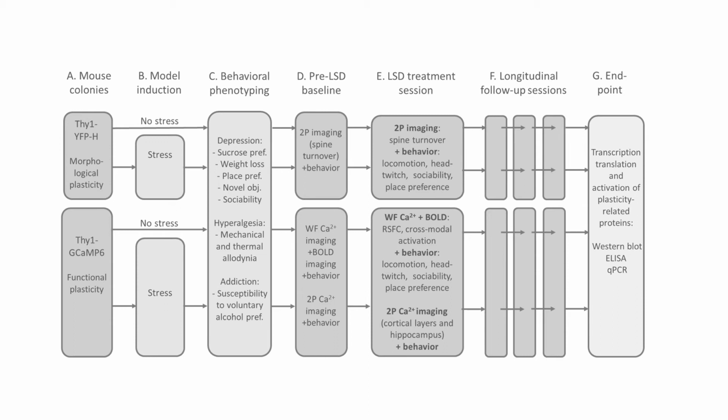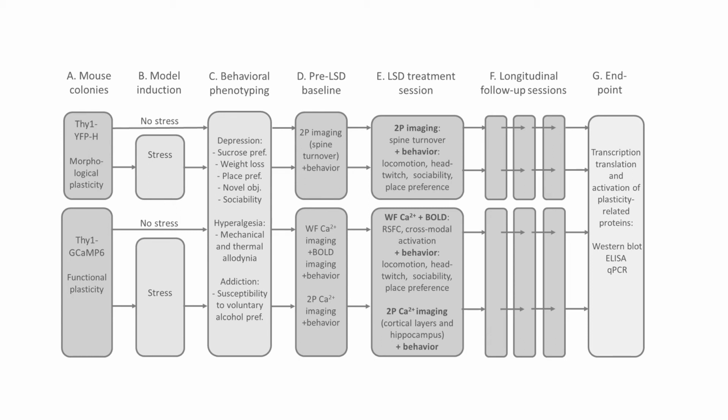We will check the weight of the mice. We will study them for place preference, whether they prefer dark places or light, to stay in the light. We will check their ability to recognize the novel, pay attention to the novel objects, and also the sociability tests, as I showed you in the previous slides.